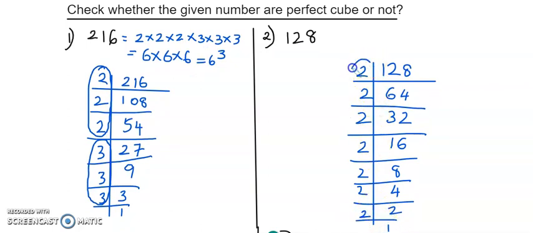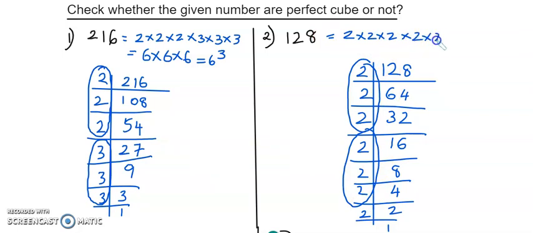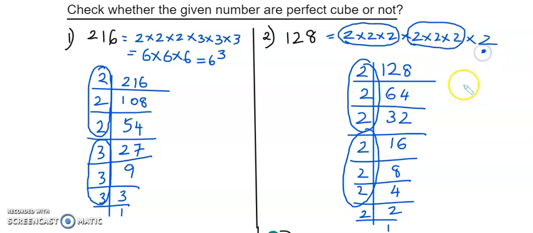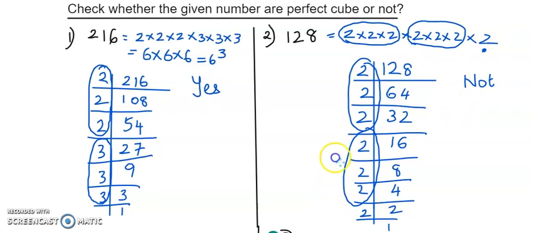So let's make the groups of 3s. Because it's a cube, so groups of 3. So here I have one extra 2 left, meaning I have 2 multiplied by 2 multiplied by 2, and then 2 multiplied by 2 multiplied by 2, and then a 2. Means I have one triplet, the other triplet, but this is one which is left out. So it's not a perfect cube, because I have one extra 2. Correct? Let's take the next one.